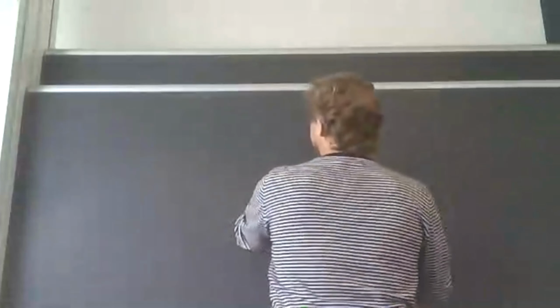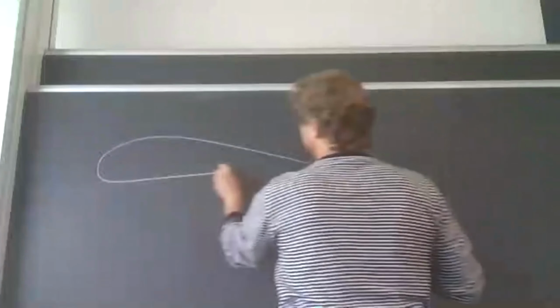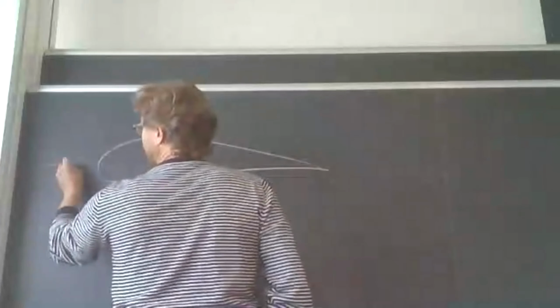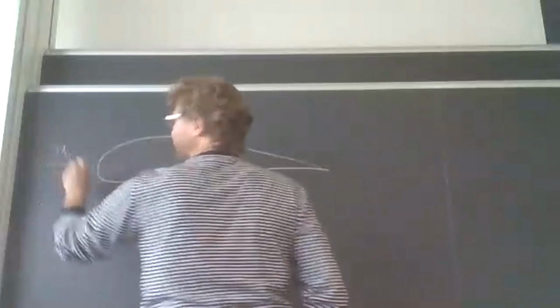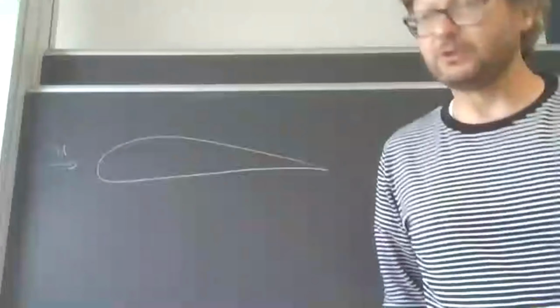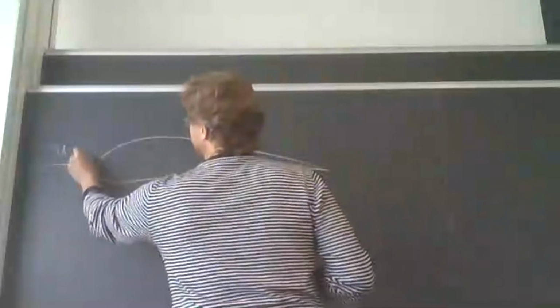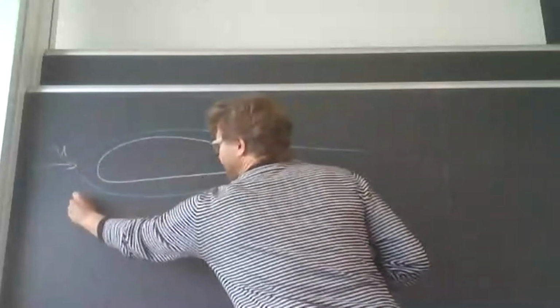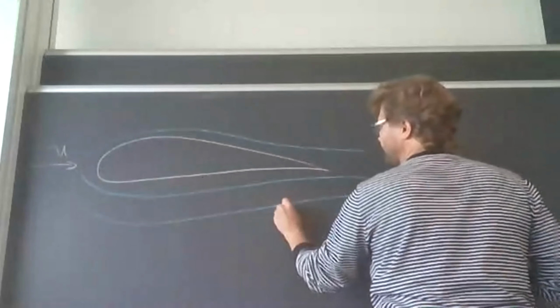So we have our airfoil here, and we have a flow with velocity capital U coming from the left. I'm using blue for streamlines. The streamlines are likely to shape something like that around this airfoil.